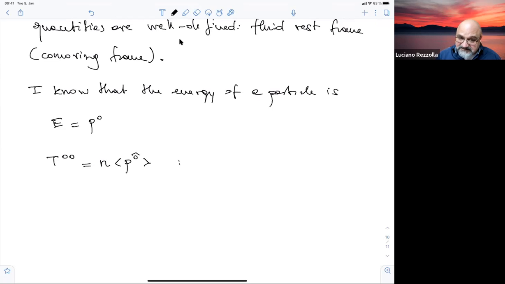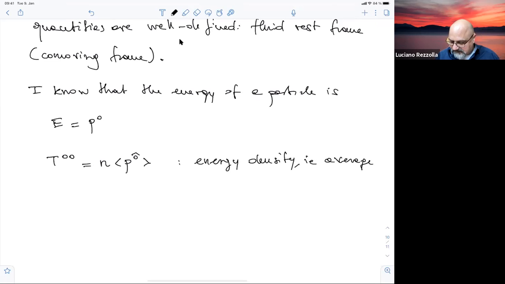Because it's an energy density. It's not an energy. So it's not just N, capital N, but it's N over a volume. And so this is the energy density. I average the energy of all particles.